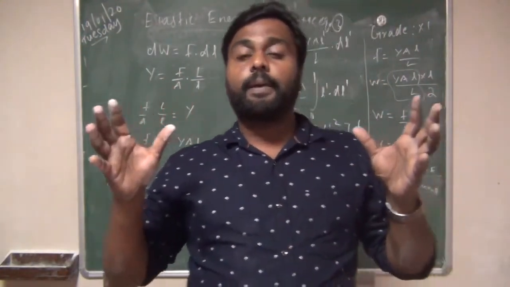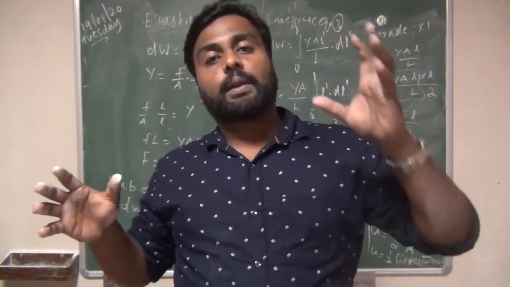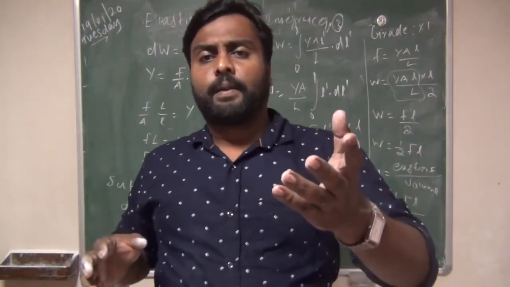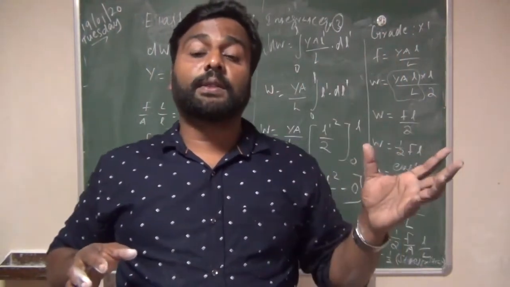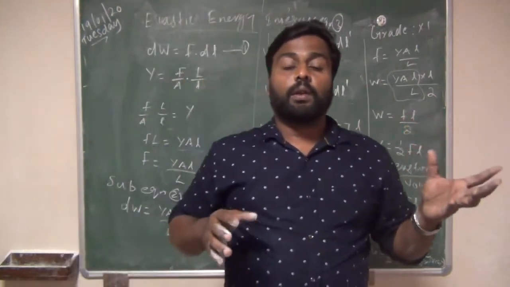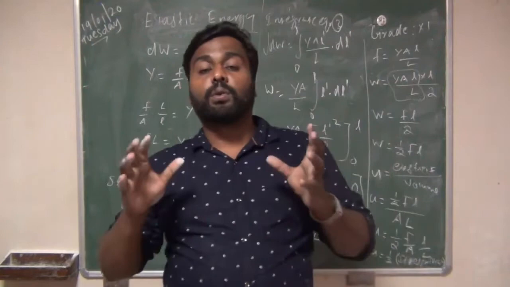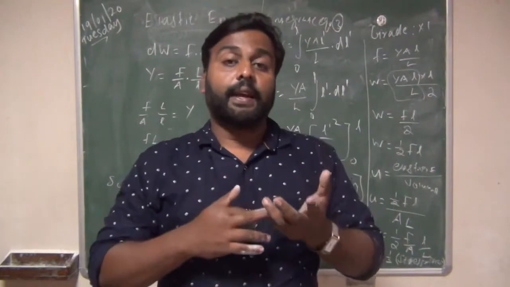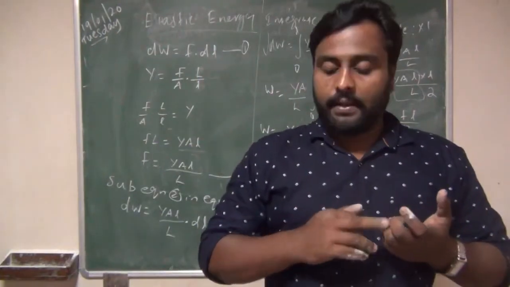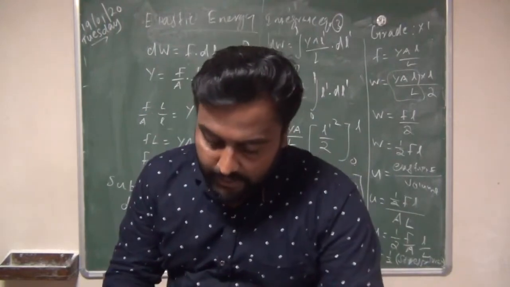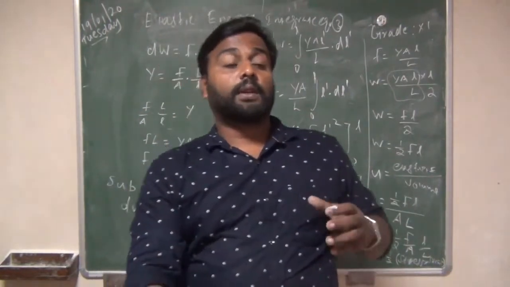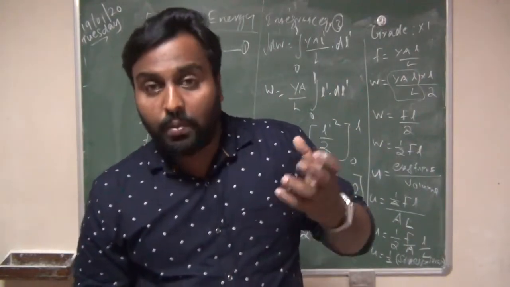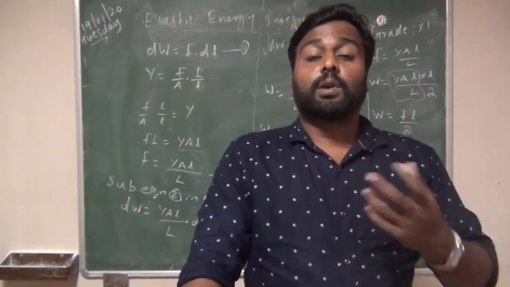While constructing a bridge using metal, or constructing big buildings using these metals, they must know the Young's modulus of each material, metals like iron, steel. That's what I told yesterday on page number 57. The Young's modulus values for each material are given: steel, aluminium, copper, iron and glass.